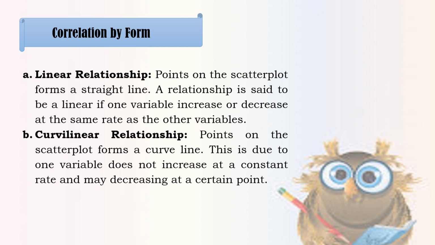That is why it is called curvilinear. This is due to one variable not increasing at a constant rate and may be decreasing at the center point. A linear relationship is either increasing or decreasing. When it is curvilinear, the line forms a curve.